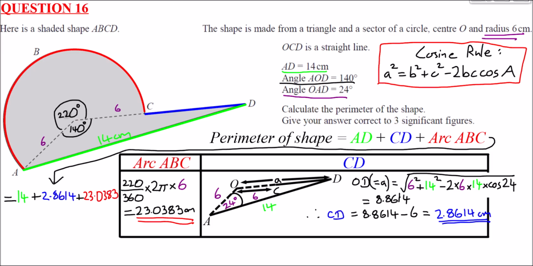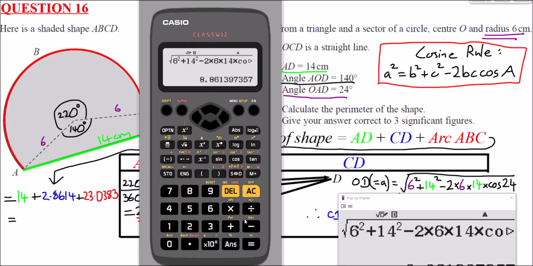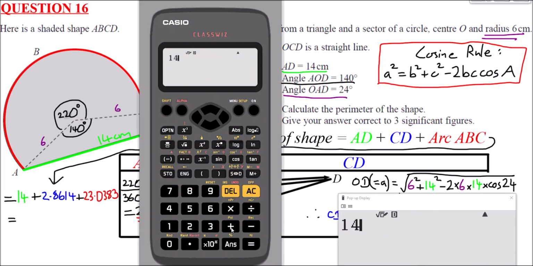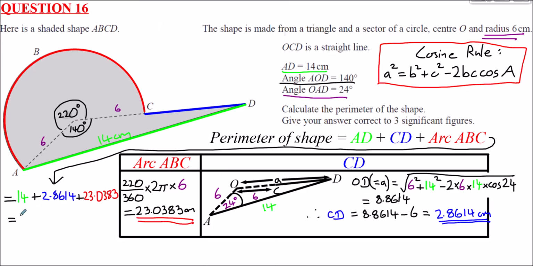So all what remains to do is to just sum these values. So let's do this now. So we've got 14 plus 2.8614 plus 23.0383. And to 3 significant figures, we get 39.9 centimetres. And that's our final answer.